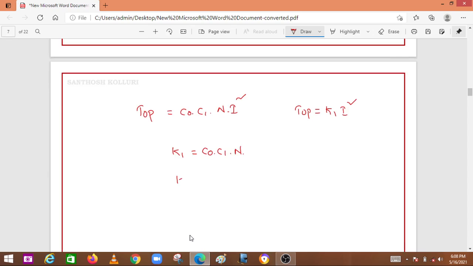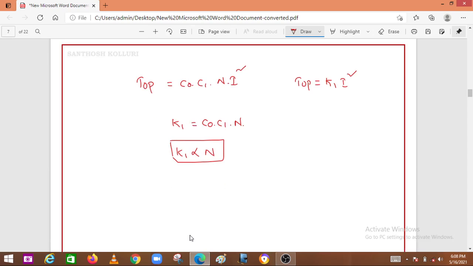That means this K1 is directly proportional to N, the number of turns of the coil. So what are the relations that we got from this current setting? In terms of percentage, the current setting is directly proportional to the pickup current, which is directly proportional to under root of K1, which is directly proportional to under root of number of turns.